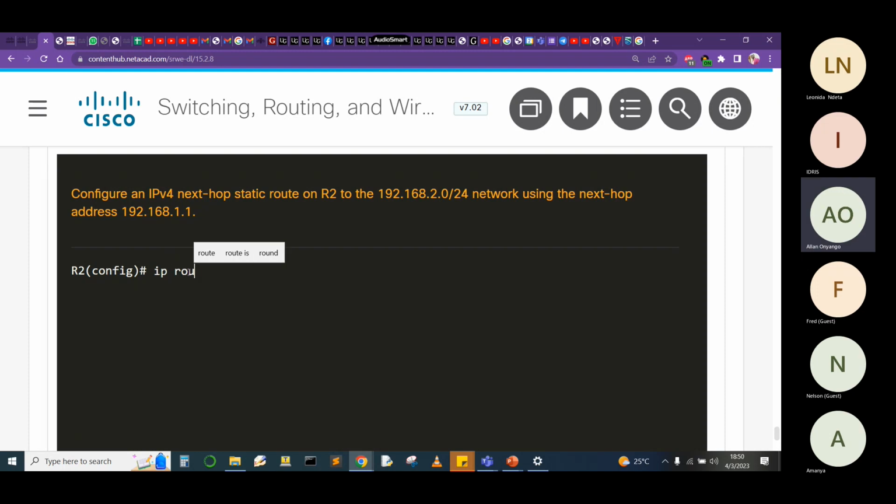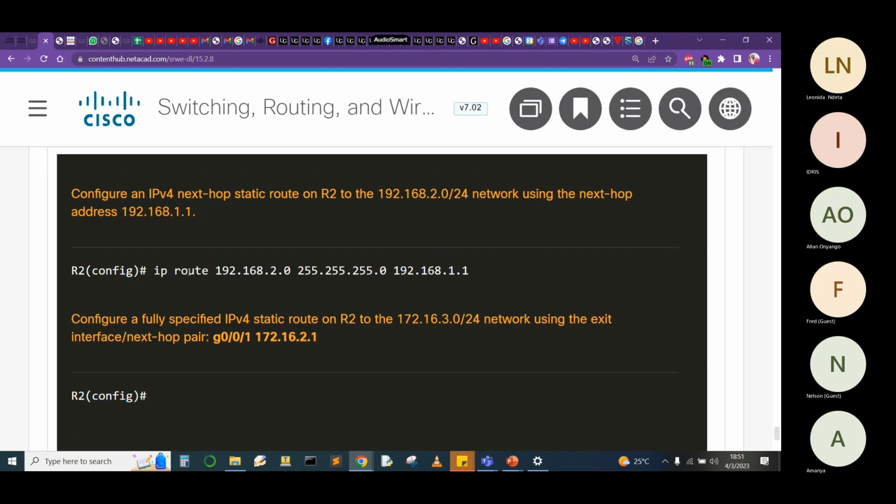I put that network, 192.168.2.0. Put the subnet mask of /24. You need to already have that at your fingertips. 255.255.255.0, space. Then you're putting the next hop, which has been provided, but like I told you, I'm sure you know where it's come from. 192.168.1.1. And we are good to go. You just press enter.